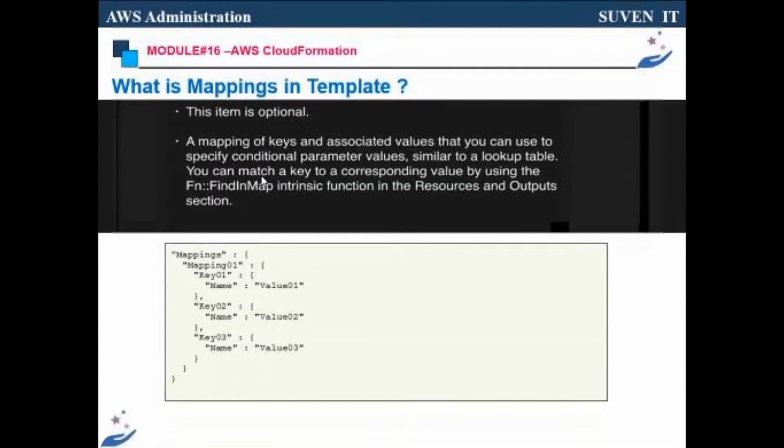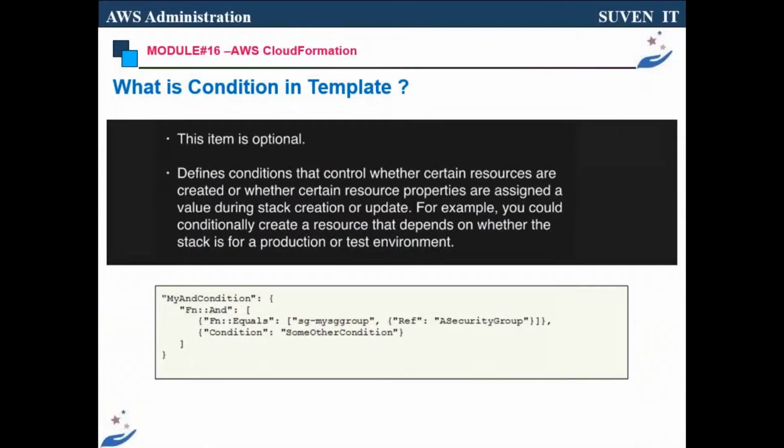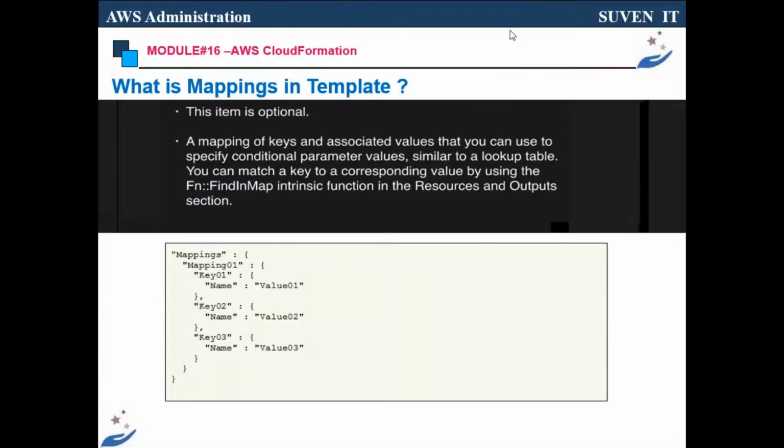Parameters meaning, and mapping means you can add multiple values to a mapping, like a equals this one, b equals this one. I will explain about this mapping. Suppose you are creating a template, and the AMI is available in the same region. If you want to execute the same program in another region, then you need to use the mapping also.